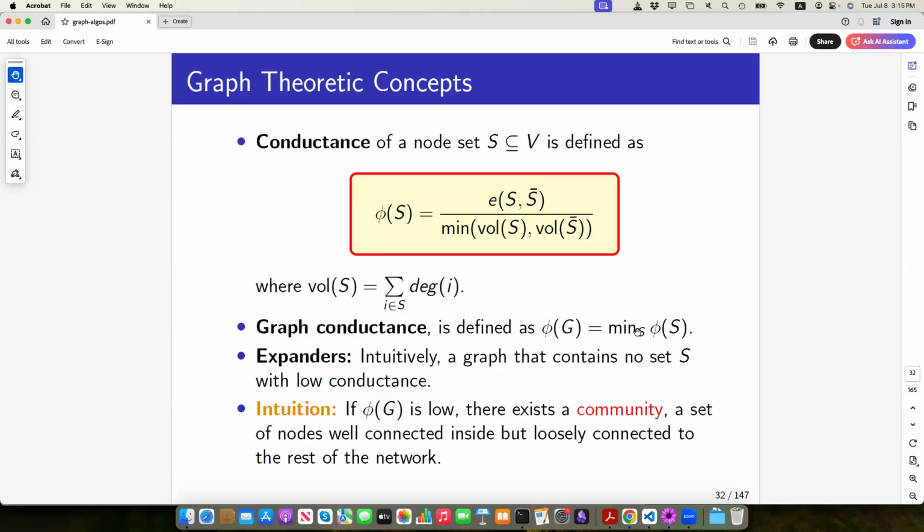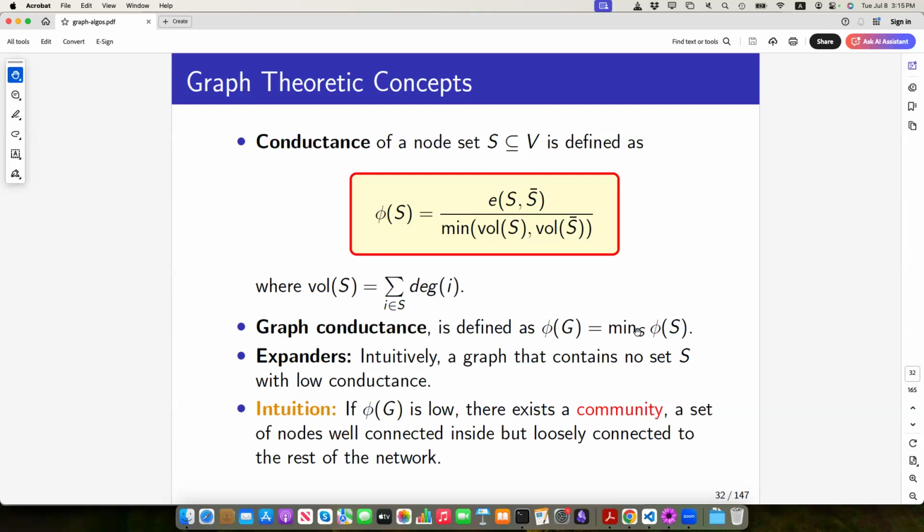Now, another important concept, which goes beyond the density inside the set, is the conductance of a node set. Here we have a fraction, which is the number of edges that go from S to S bar divided by the minimum of the volume of S or its complement, where the volume of S is simply the sum of the degrees inside the set.